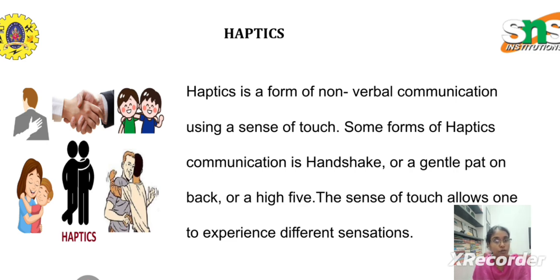The sense of touch allows one to experience different sensations. What it expresses is a kind of positivity and also negativity. For example, a handshake is not an easy thing, as we actually think. When you shake hands with a person, what does it convey?